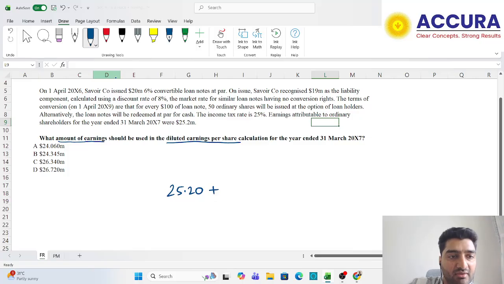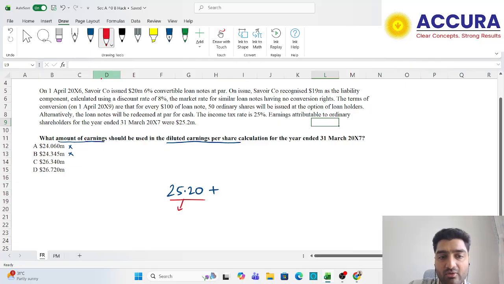So my answer is neither option A nor option B. Now, one thing for sure, guys, let's try to understand the interest amount. This 25.2 earnings available for ordinary shareholders is always post-tax.